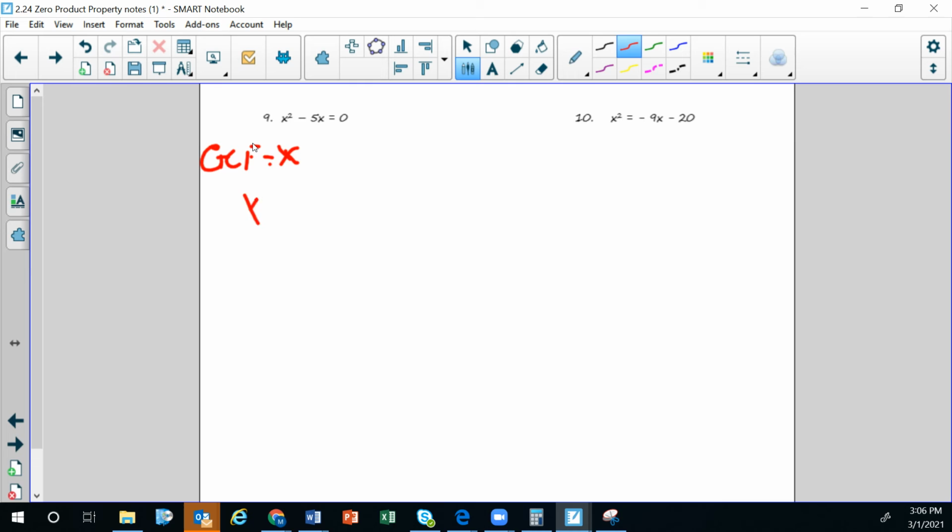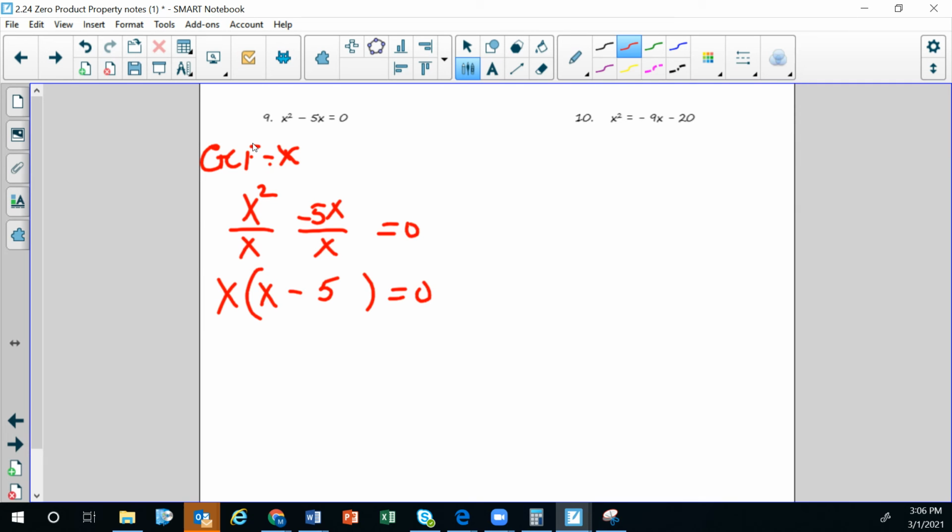So that's x squared divided by x, and negative 5x divided by x. x squared divided by x is just x. 5x divided by x is just 5. And so my factors are x times x minus 5, and of course, this is set to 0.